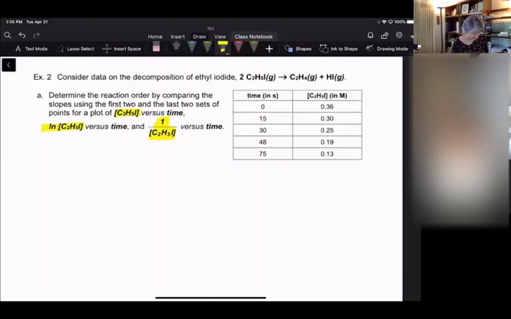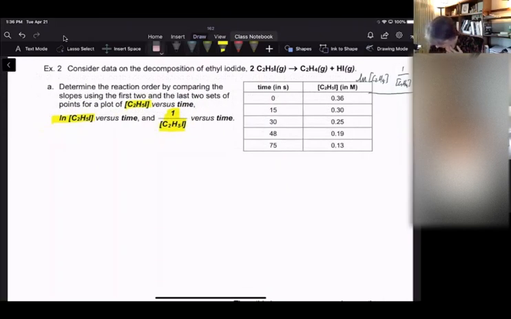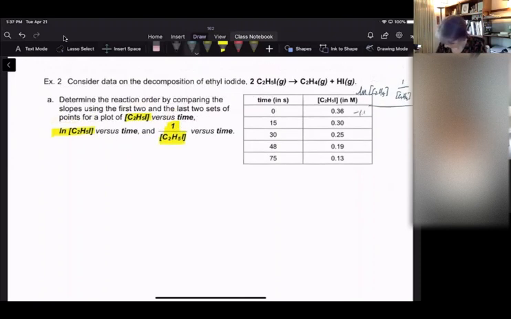Find some slopes. Yeah? Remember, in a natural log, those values are very sensitive, so keep extra decimal places.